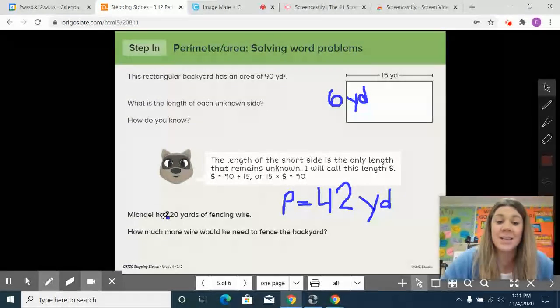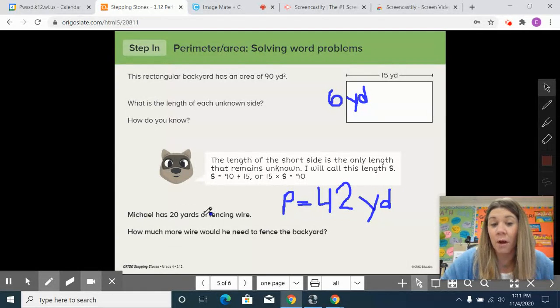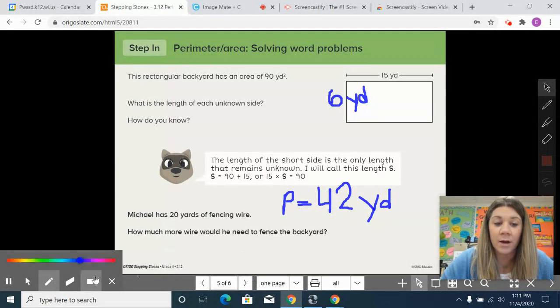All right. He has 20 yards of fencing wire. So how much more wire does he need? Well, if he has 20 and he has to get to 42, he needs 22 more yards of fencing.